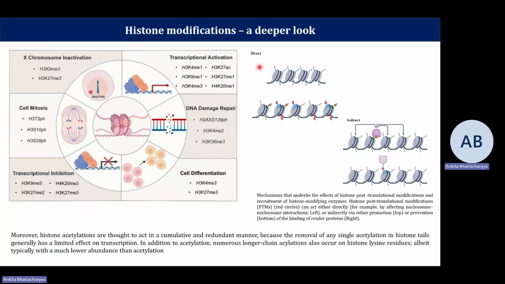Apart from that, an indirect method is also via promotion or prevention of the binding of some reader proteins. For example, if a certain modification is allowing or preventing the recruitment of some histone readers, or the readers of some epigenetic marks, then that can allow or prevent a certain region from getting expressed or can actually repress that region.